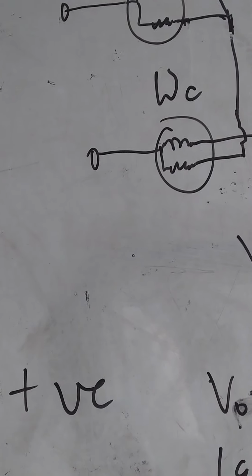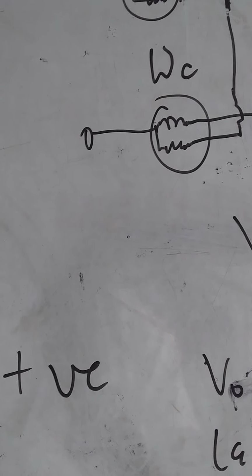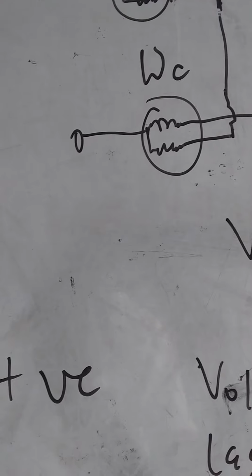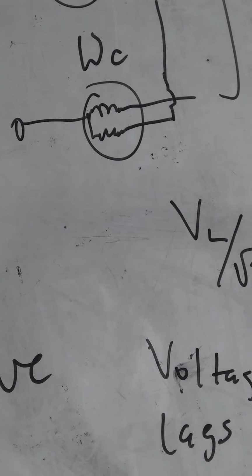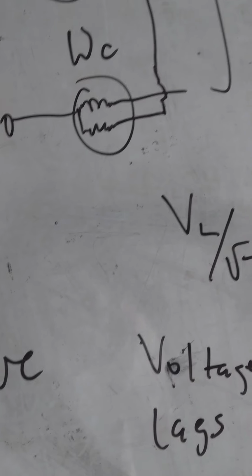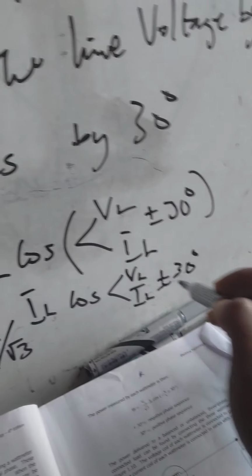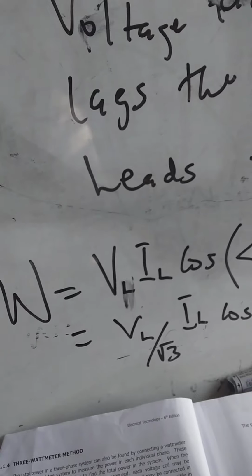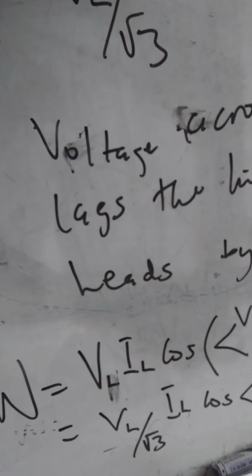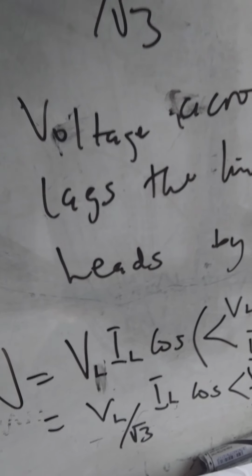So this V line will now be divided by root 3, times I line, cos of the angle between V line and I line, plus or minus 30 degrees. You understand?